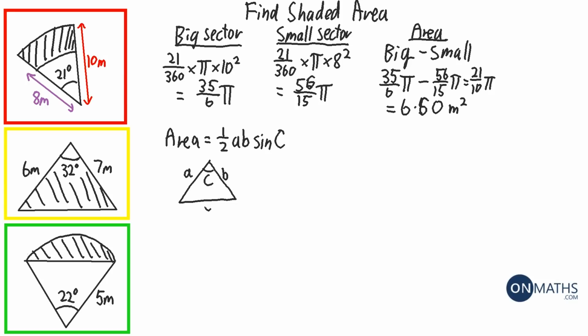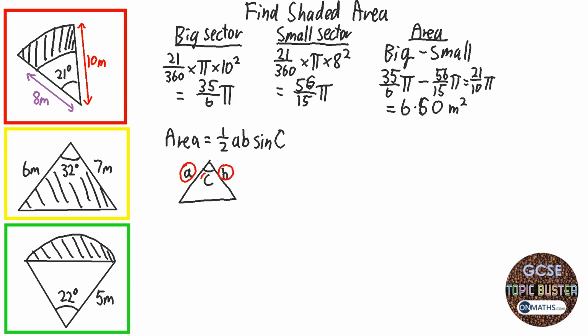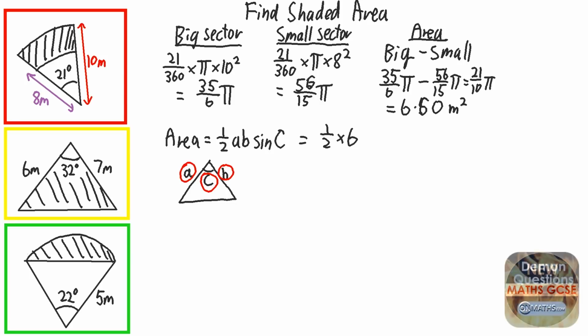Now we're not using C and we're not using angle A or angle B, but you can see that we need the two lengths next to the angle, and then we can use this formula, and we have that in this question. So we're going to do half times A, which I'm going to call 6, doesn't matter which you call A, whether it's 6 or 7, B 7 times sine, and we always sine, cos or tan an angle, so this is going to be 32.